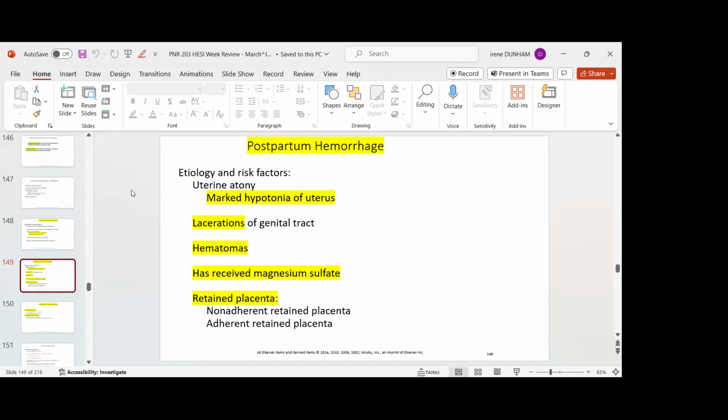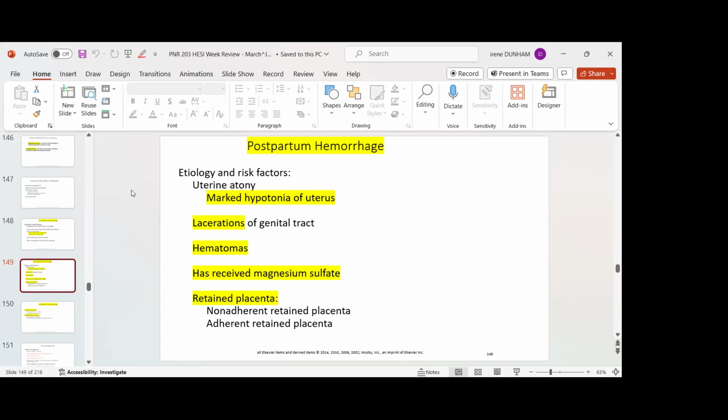Another cause of postpartum hemorrhage is a laceration. If she had a forceps delivery or a vacuum extracted delivery, she might have torn high up in the vagina. From what I've seen from HESI, it might be a trickle of blood coming down, like a water faucet.